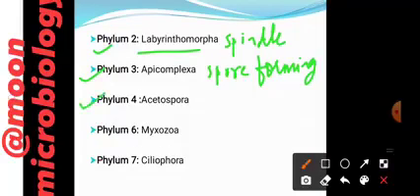And the fourth is Acetospora. Simply we can say that they are parasites of animals, especially parasites of marine invertebrates.